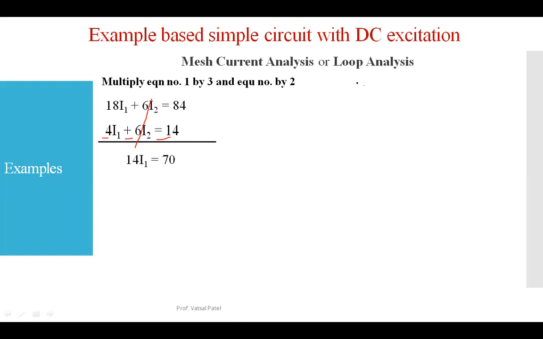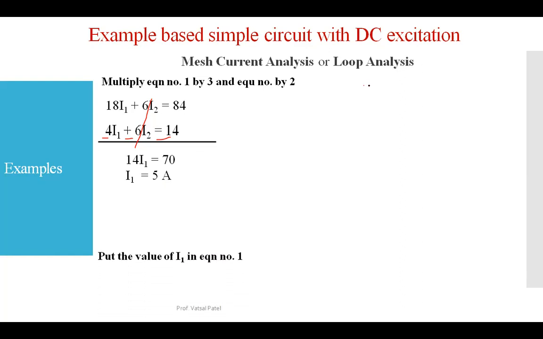So 18i1 minus 4i1, that is 14i1, is equal to 84 minus 14. So it is 17. Sorry, 70. So I1 will be 5 ampere. Now you have two equations, so you can put I1 is equal to 5 ampere into any one equation and you can get the current I2.